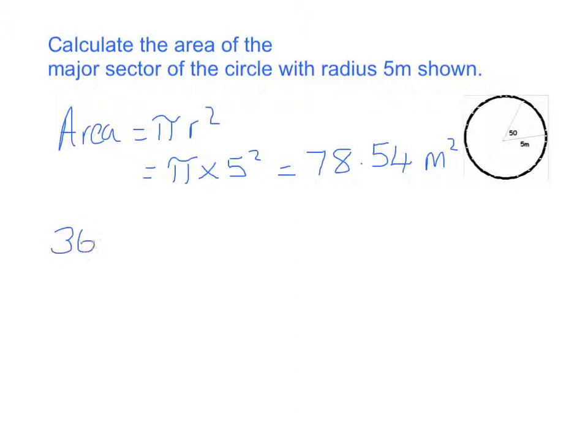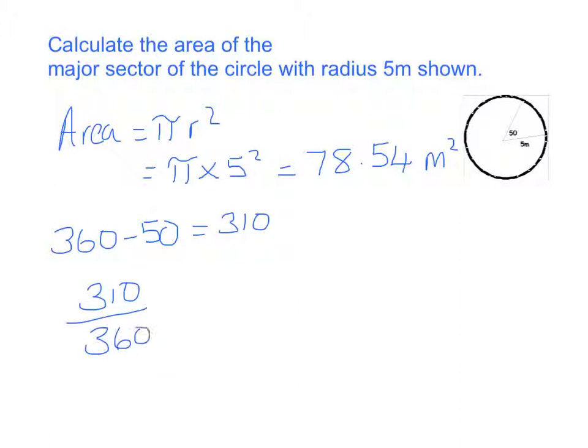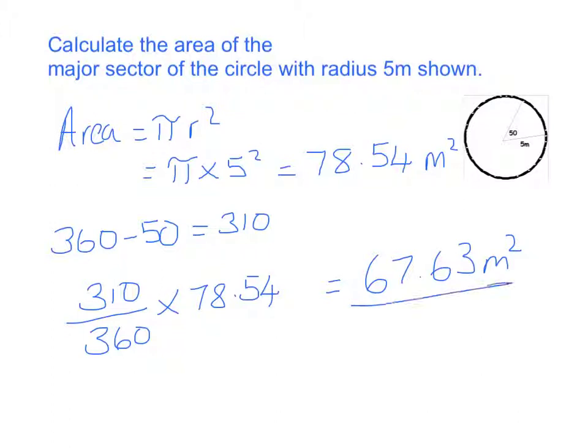There's 360 altogether, 50 in the minor arc, which leaves us 310 in the major sector. So I've got 310 out of a possible 360, and I'm multiplying by my 78.54, which is 67.63 square metres.